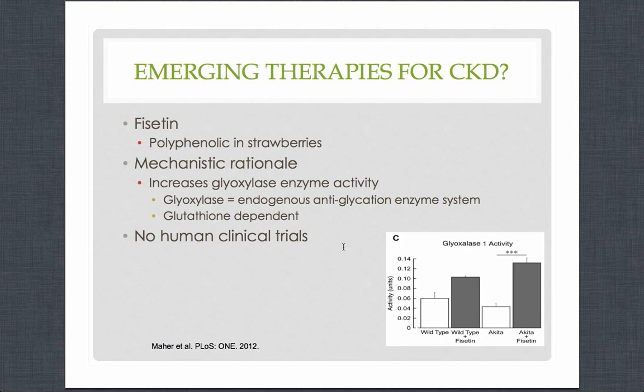We do not have any human clinical trials of fisetin, but there has been an interesting study in rats that were, actually I think it was mice. I think it was a mouse model for the development of type 1 diabetes, where when they were given fisetin, even though they had high blood sugar, they did not develop the complications of type 1 diabetes, and this was attributed to an increase in glyoxylase enzyme activity.